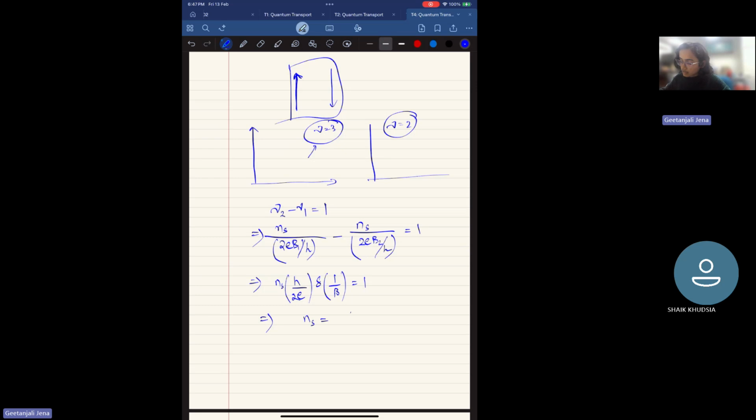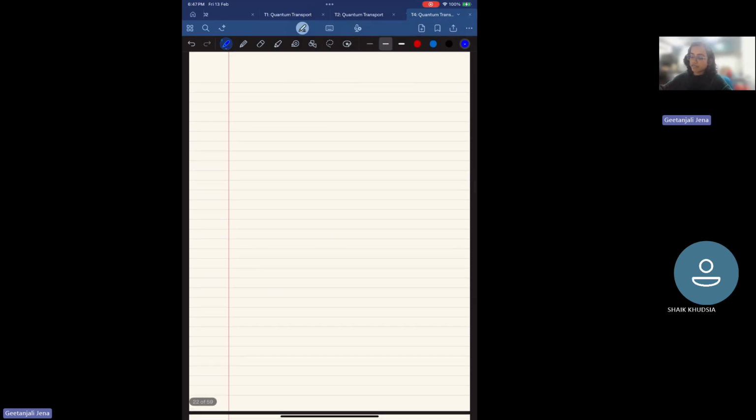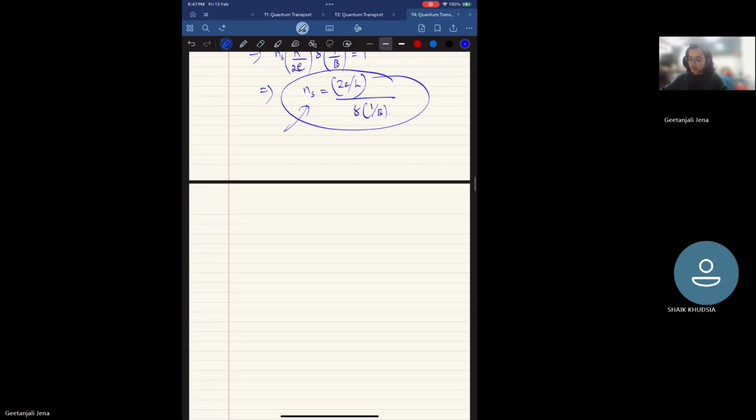Ns is 2e by h times Δ(1/B). So this says that we can easily calculate the electron density if we know the magnetic field variation for a given sample.